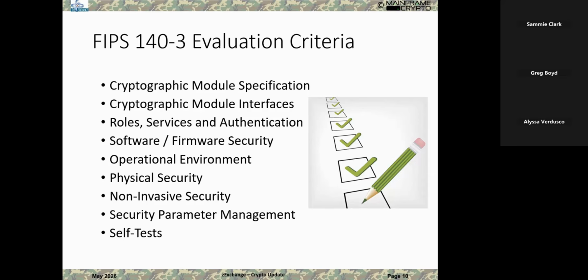So, for example, if you needed to update the cryptographic module, if you needed to install MCLs in the module, you would need to have a role that has the authority to do that, whereas other roles would only be allowed to use the technology. So this FIPS criteria defines those definitions.